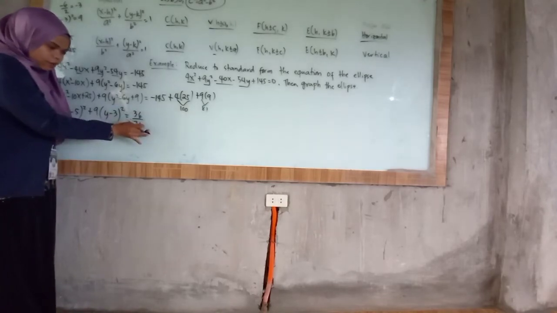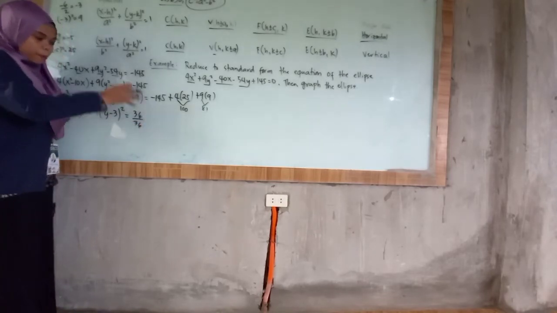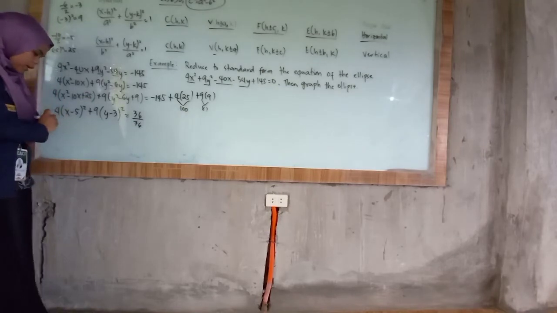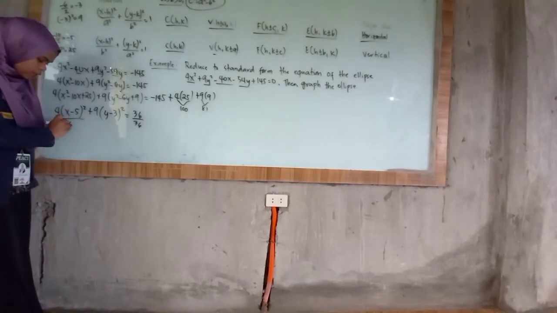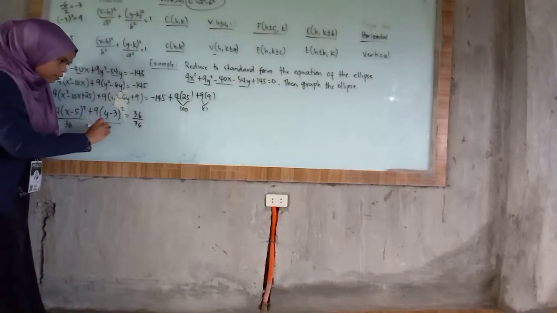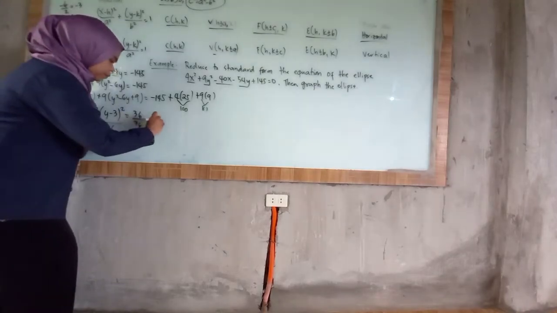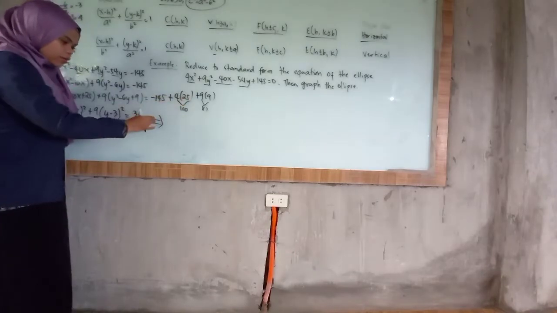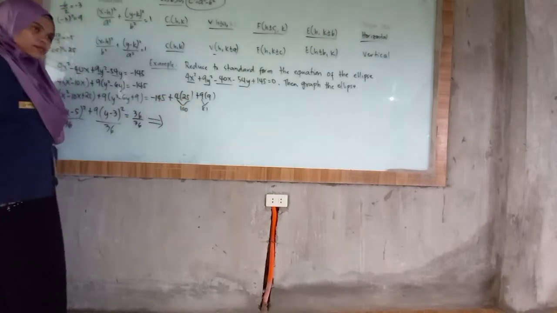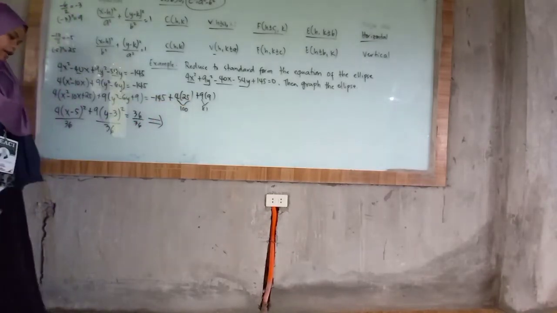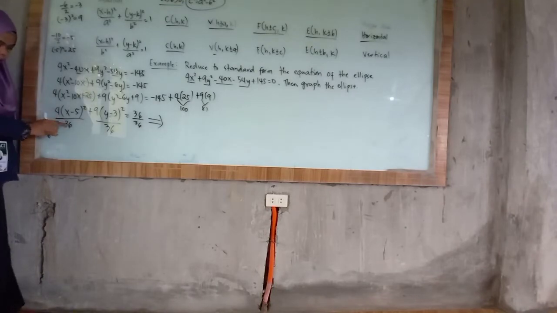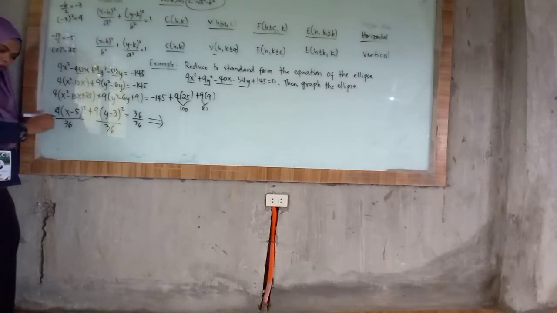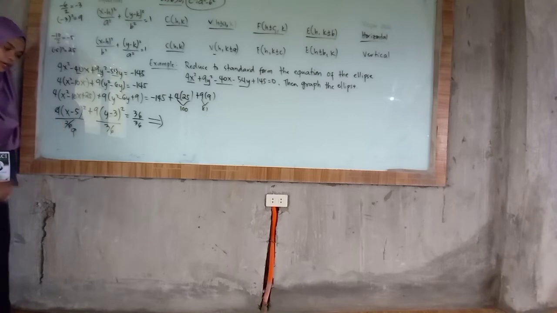So, since nag-divide ako dito sa 36, by property of equality pa rin, I have to divide all the terms by 36. So, ganun. So, that implies, again, pag magsusulat kayo ng another, huwag magsulatan ng equal sign, you have to use the arrow. So, 4 divided by 36, makakancel yung 4 dito. Ang matitira na lang sa denominator ay si 9.